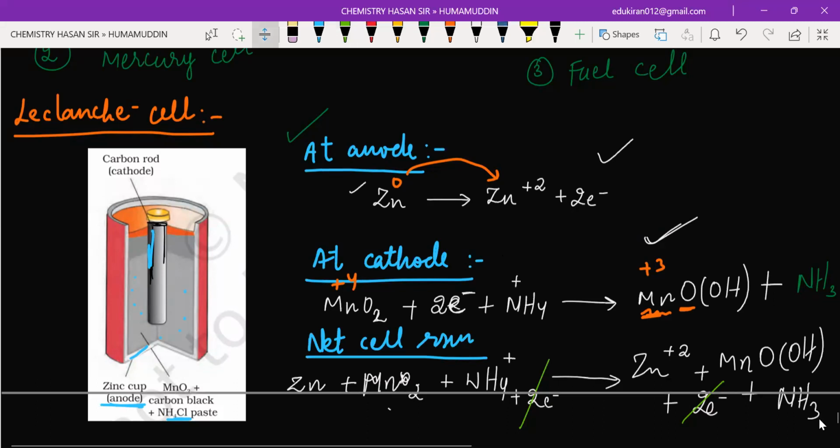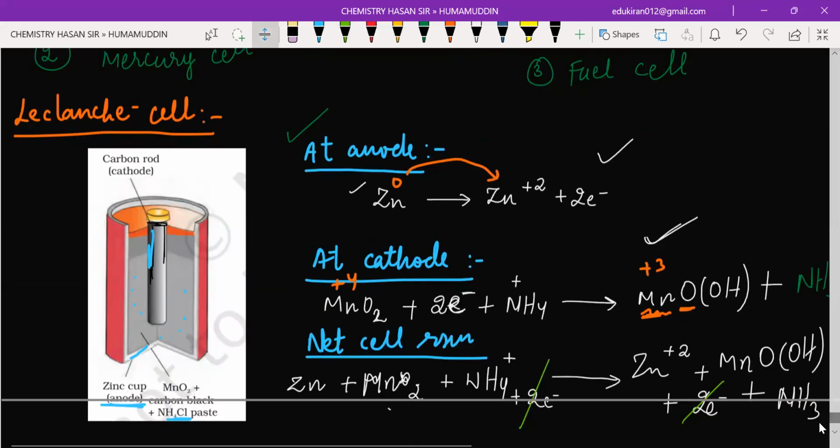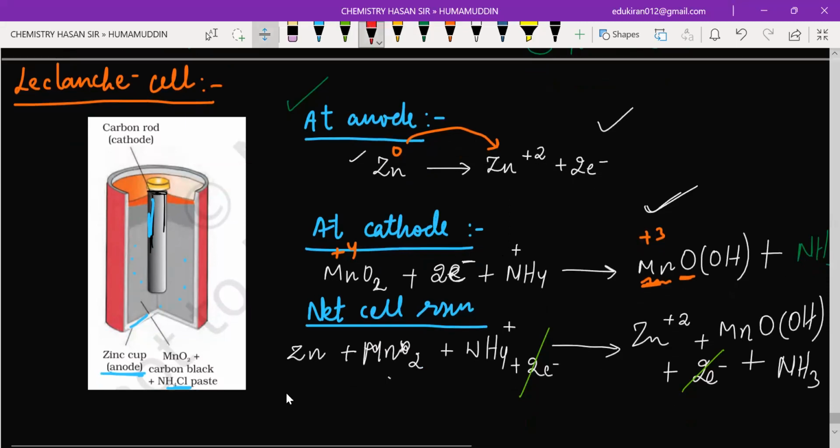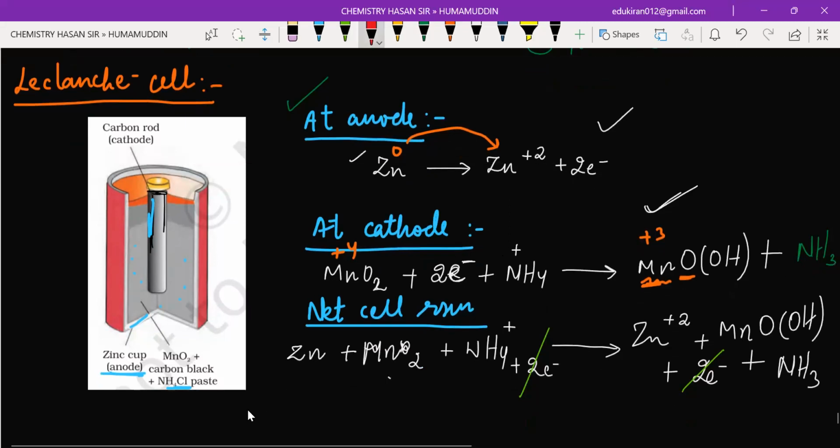So the final reaction I'm going to write is this. On the left hand side, zinc will be there, then MnO2, then NH4 positive. We cancel the two electrons, and then on the right hand side, Zn plus 2 is there.